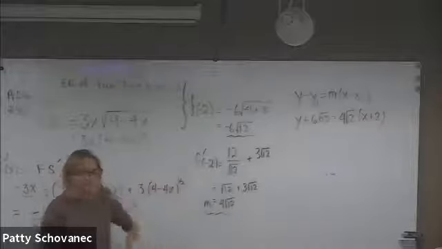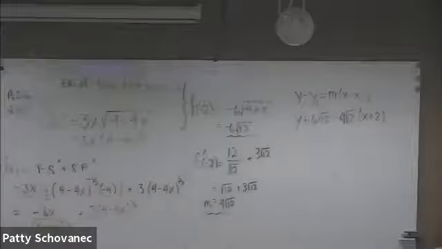Okay. Probably even simplify the square root of 12 over there. What's the square root of 12 equal to? 2 square root of 3? You like square roots of 3 better than square roots of 12?